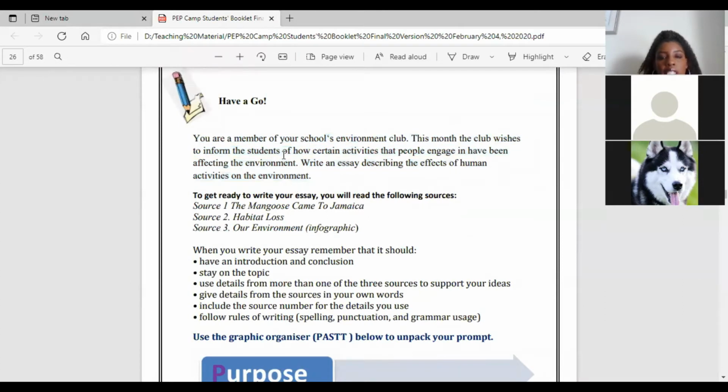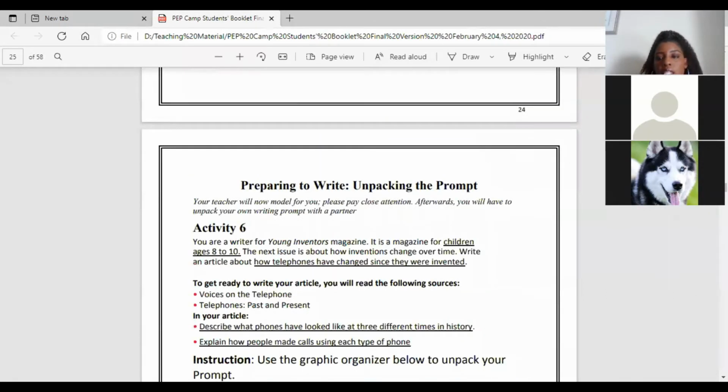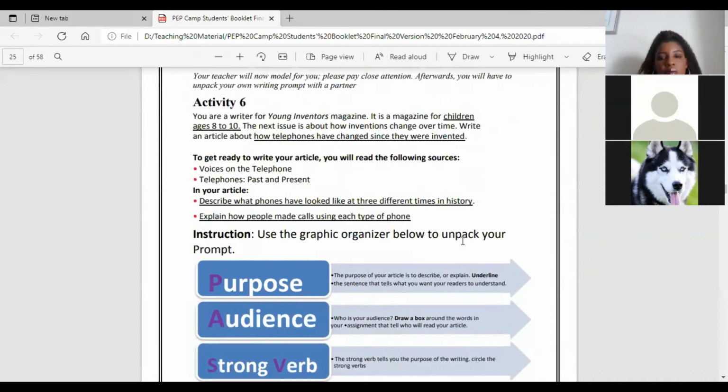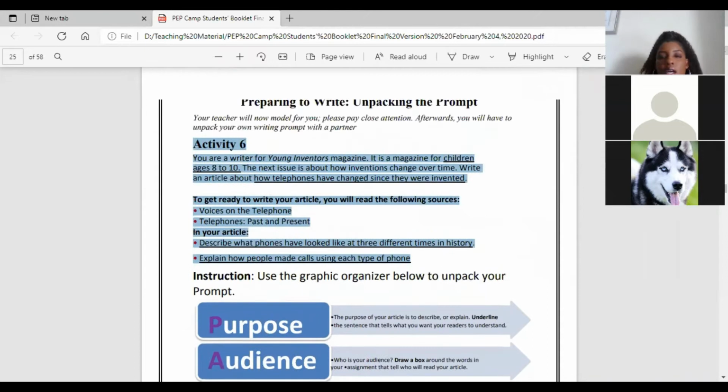I'm going to be unpacking this prompt first and discussing the different parts of the writing prompt that we're looking for before I go to unpack another prompt.